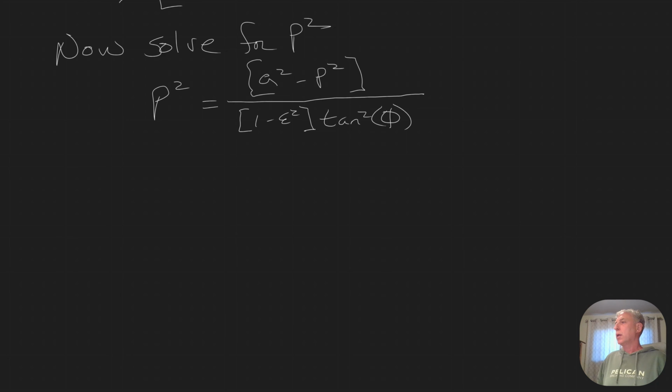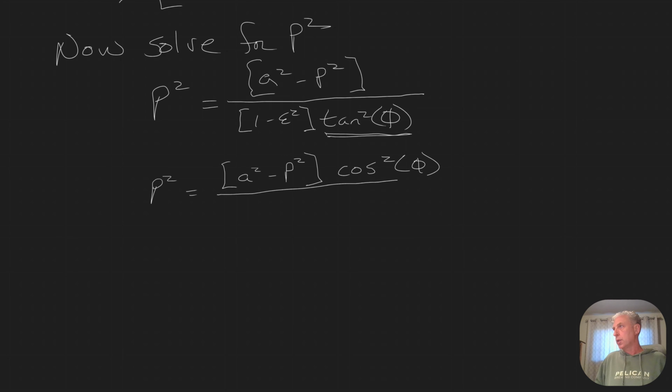That's all right. And if I take that one step further, if I just use the definition of the tangent, then I get p squared equals a squared minus p squared times the cosine squared of phi, again, just the definition of a tangent, over 1 minus epsilon squared times sine squared phi.